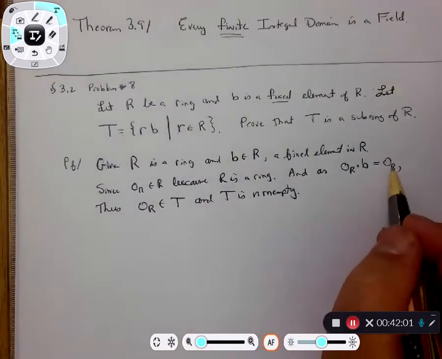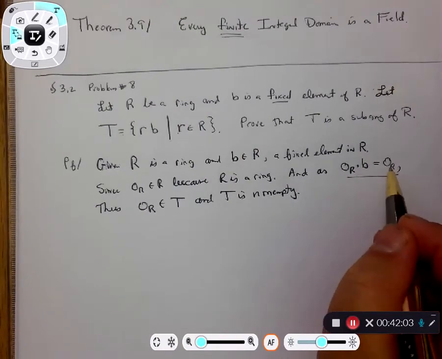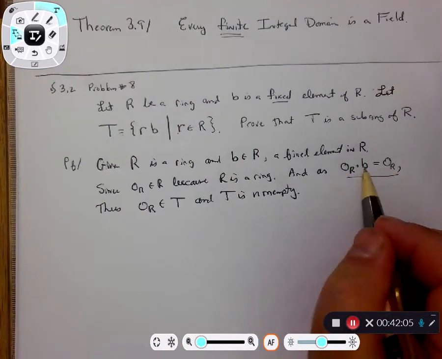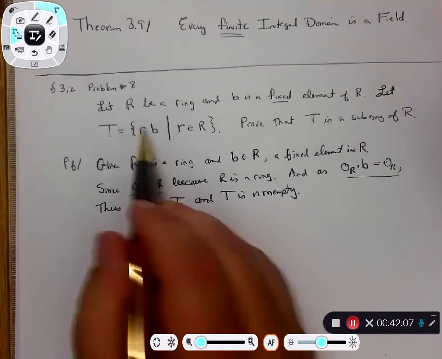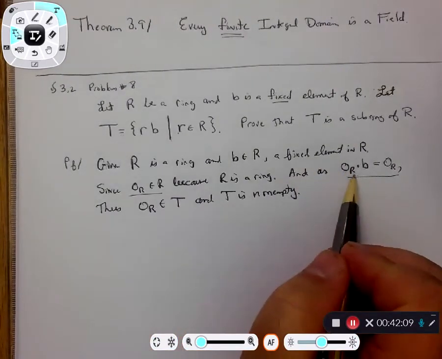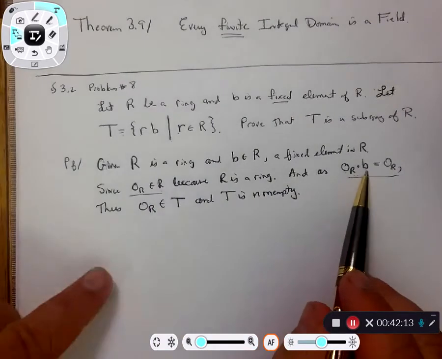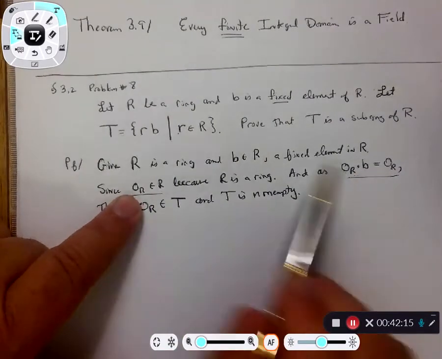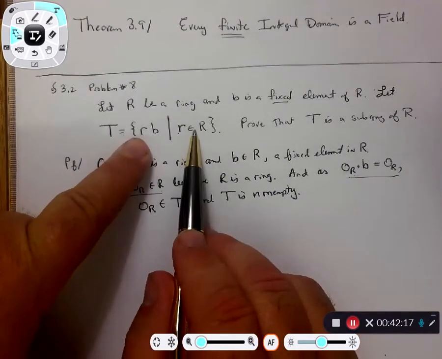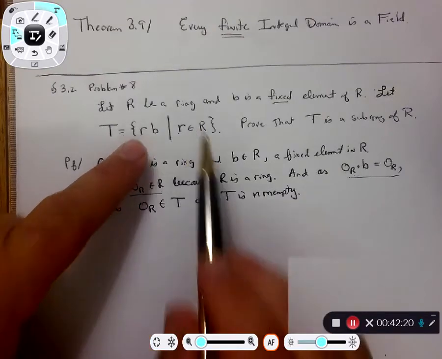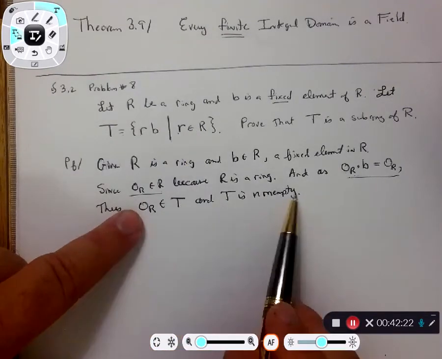Well, that's what I wrote down here. 0 in R is equal to 0 in R times B, where the coefficient in the front, 0R, came from R. It's because of this and this. These two sets of properties have been satisfied, which puts 0R as an element of T, and therefore T is non-empty.